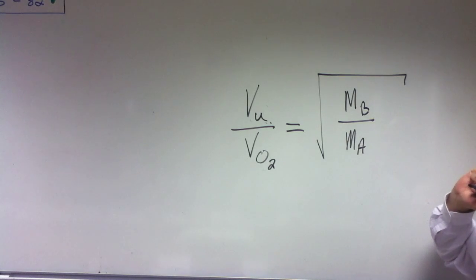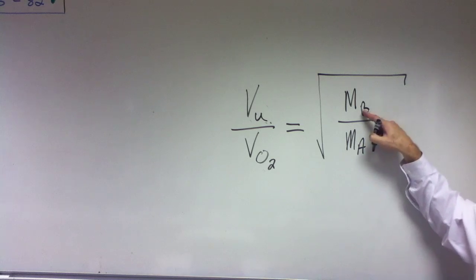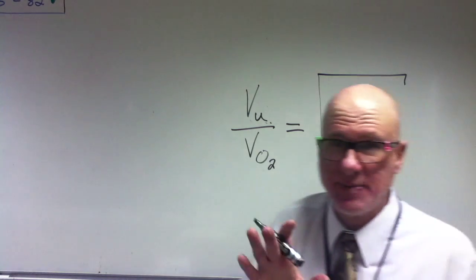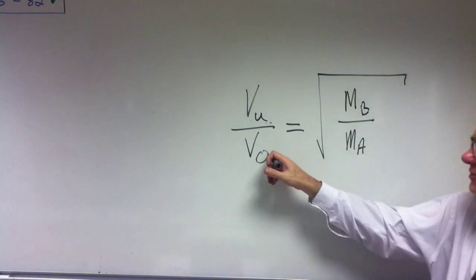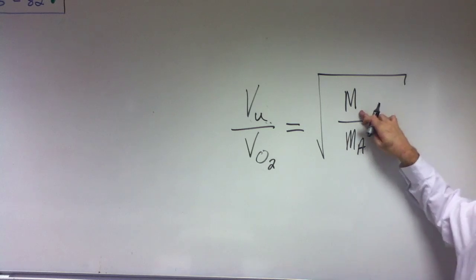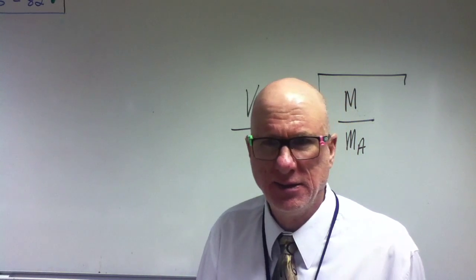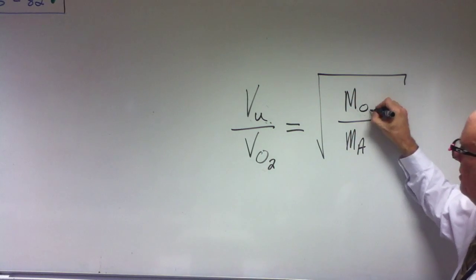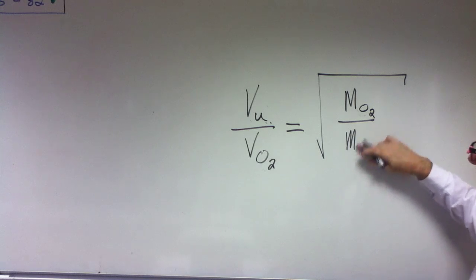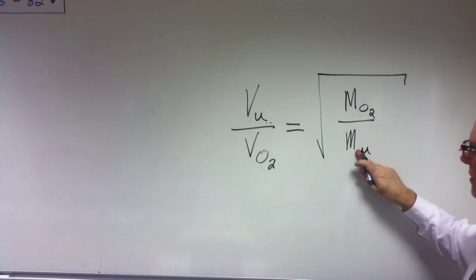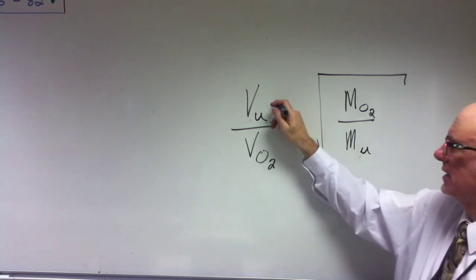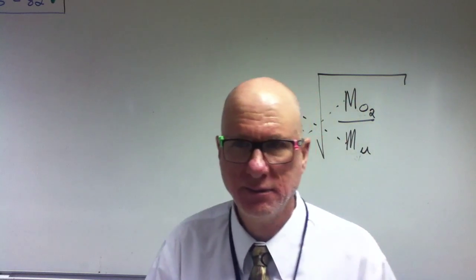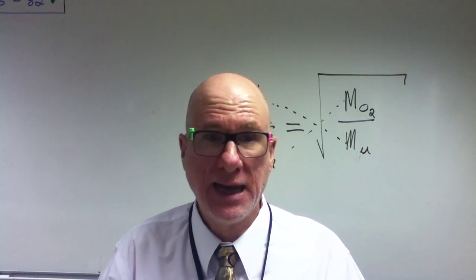This would be the oxygen here, right? Yes, that's the oxygen. You've got to keep your wits about you with this stuff. So this is B, so we would call this oxygen. It's a little confusing. So this would be the oxygen, and this would be the unknown gas. Get a visual on that? Is that all right?